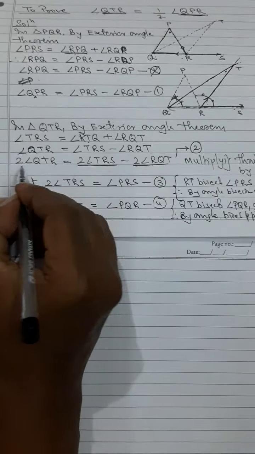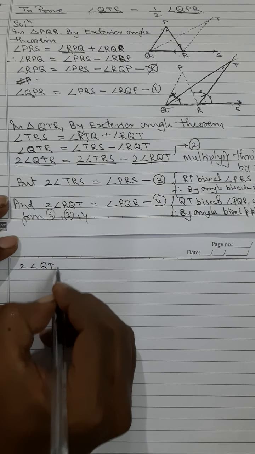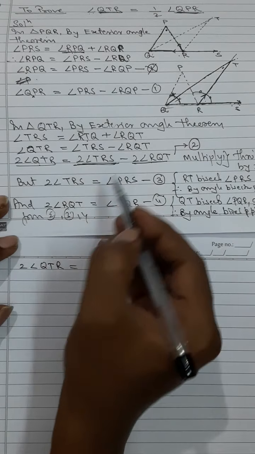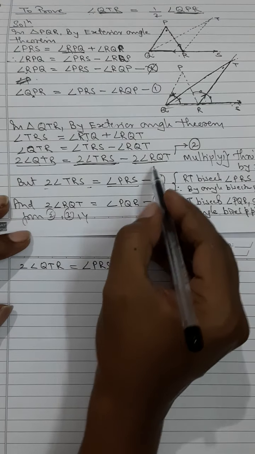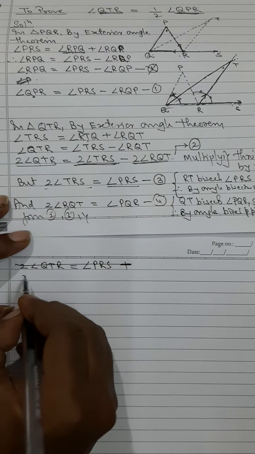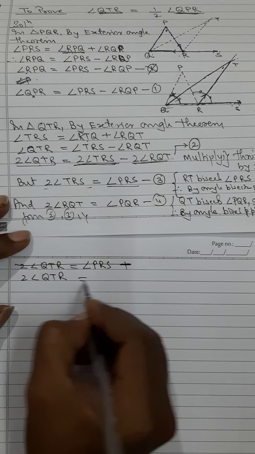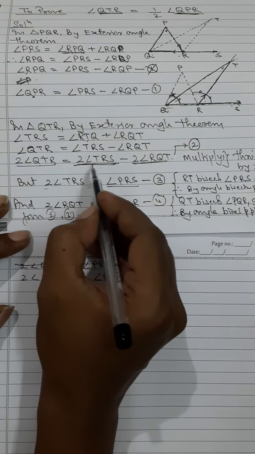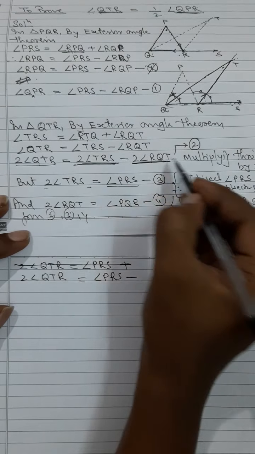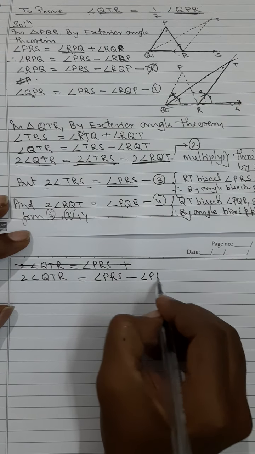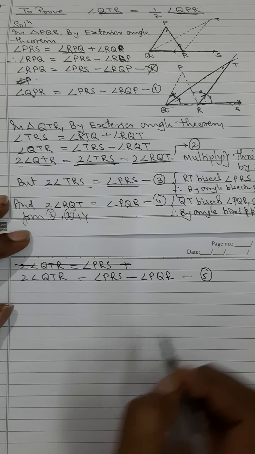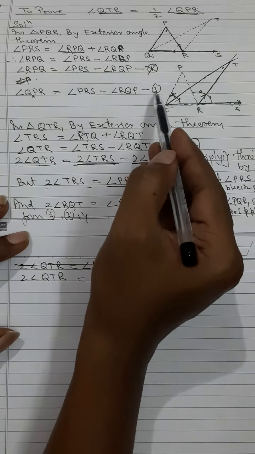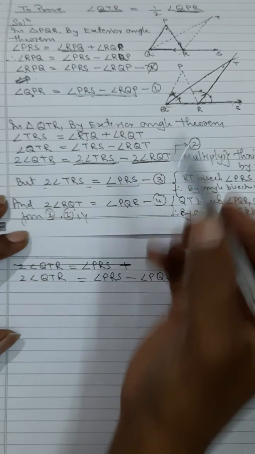So from 2, 3, 4, what do I get? In 2 it is 2 angle QTR. In place of 2 angle TRS, I will write angle PRS, and in place of 2 angle RQT, I will write angle PQR. From 2, 3 and 4, this will be 5. But from 1, what do you get? Angle PRS minus angle RQP.